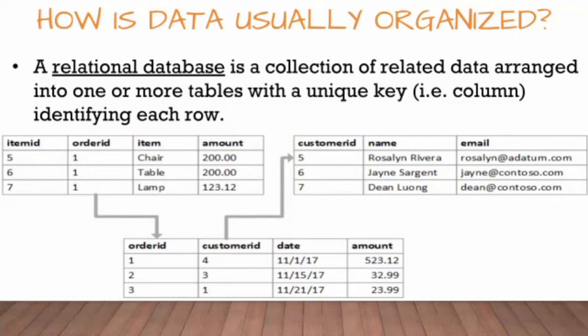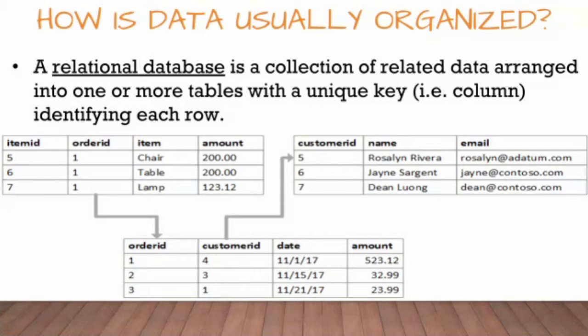Next, most organizations work with a relational database. A relational database is a collection of related data arranged into one or more tables with a unique key identifying each row. So you're going to have a bunch of different tables, and each table is related to another table by keys. On the left, we have item ID, order ID, the item, and the amount. And then that is related to the bottom table where you have the order ID and the customer ID.